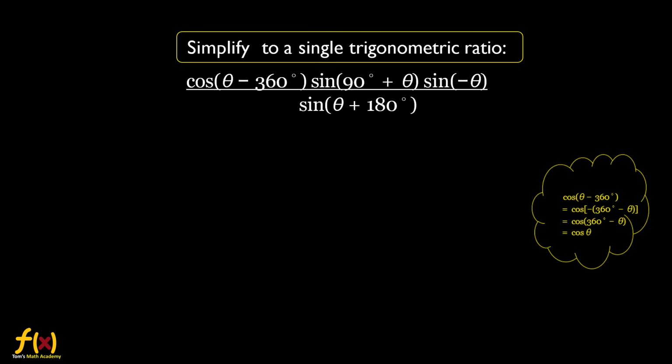We apply reduction formulae there. So we continue like that. Then look at the answer. Cos theta times, what about sin of (90 plus theta)? 90 plus something moves to the second quadrant, where sine is positive, very good. But don't forget the 90 there. When we have 90, sine becomes cos.